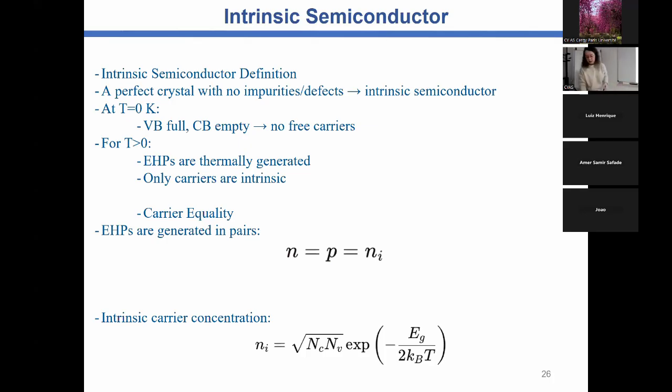So I talked more about the density of states in relation to how we can know if a material is a semiconductor or a metal, and how we can predict its behavior in terms of the lattice.